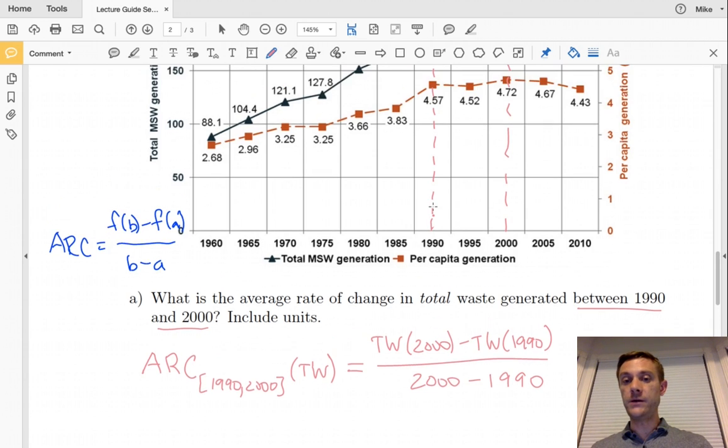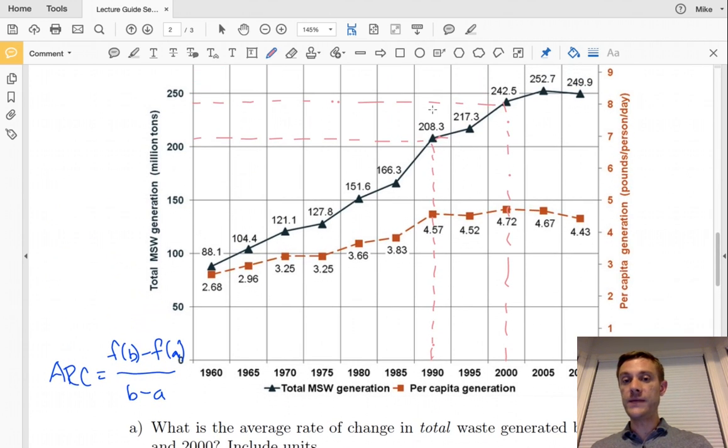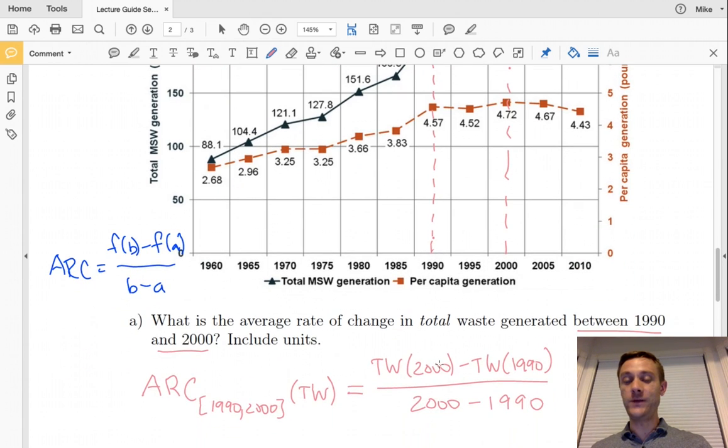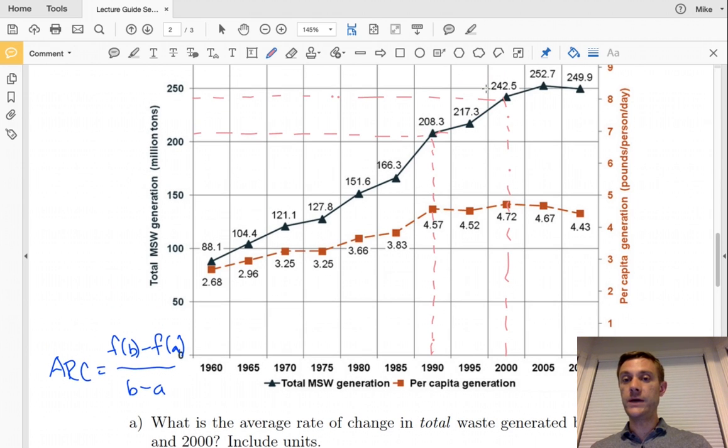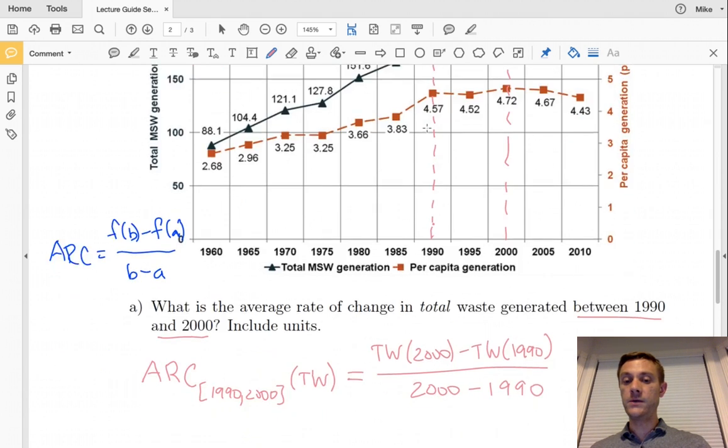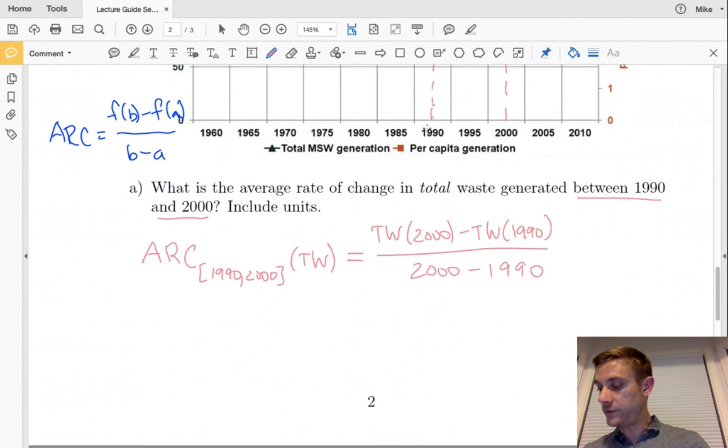We don't actually have to do that here. The graph does all the work because the output, whatever total waste of 1990 or total waste of 2000, is just the height of this triangle here. So in 2000, the height was 242.5. In 1990, the height was 208.3. Those are our two outputs, the two things in the numerator.